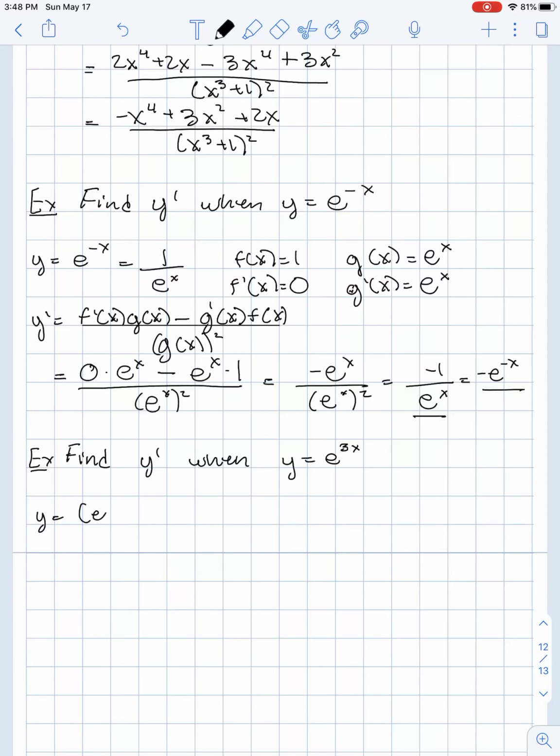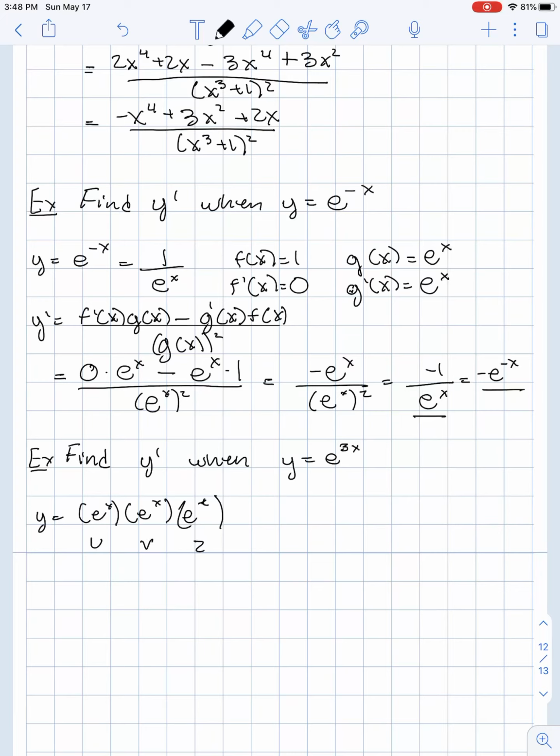Okay? So notice that y is e to the x times e to the x, times e to the x. I have 3 functions now. They all happen to be e to the x, but still, 3 functions.